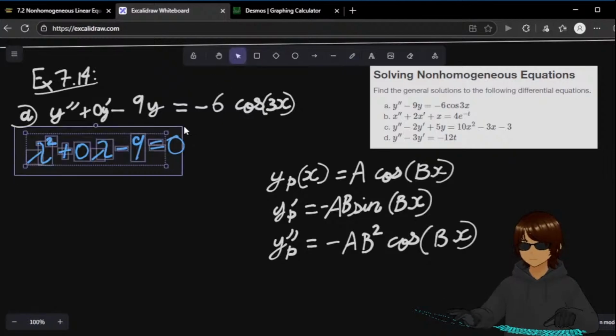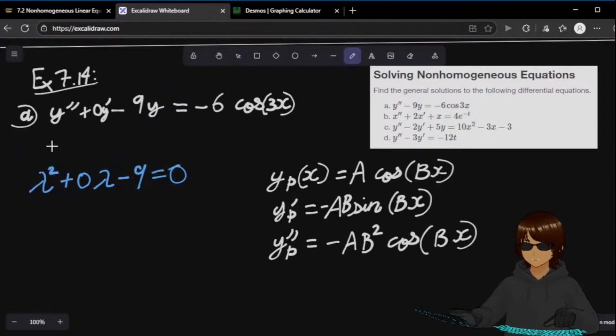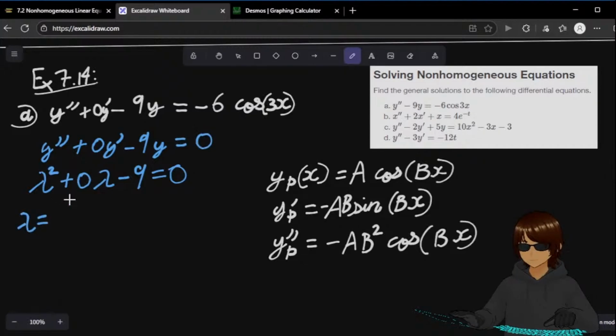The complementary equation is, and then we have 0 squared minus 4 times A times C over 2, plus and minus 6.